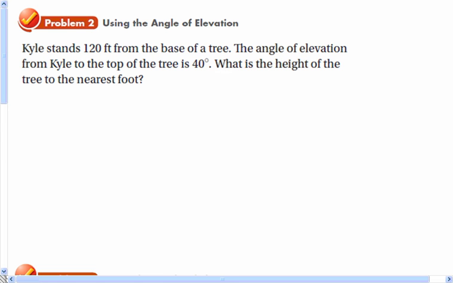All right, so we're going to use this angle of elevation idea to solve a couple problems here. Kyle stands 120 feet from the base of a tree, so here's Kyle out here. And if we measure 120 feet, we get to a tree.